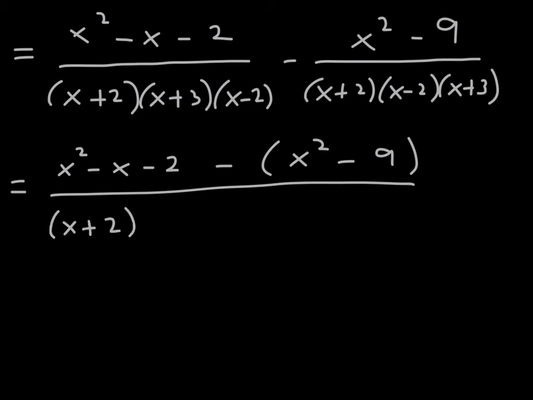The same LCD, right? So you keep the common denominator. Remember, multiplication is commutative, so you can rewrite the factors.